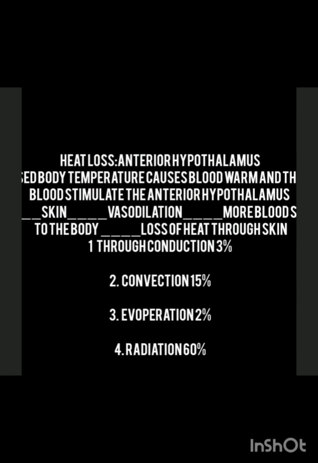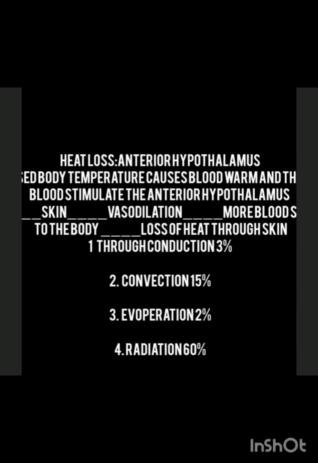When warm blood is passing through the hypothalamus, it sends impulses to the skin that the body is so hot. So the skin causes vasodilatation, which means the blood vessel size gets increased. That's how more blood goes to the skin.